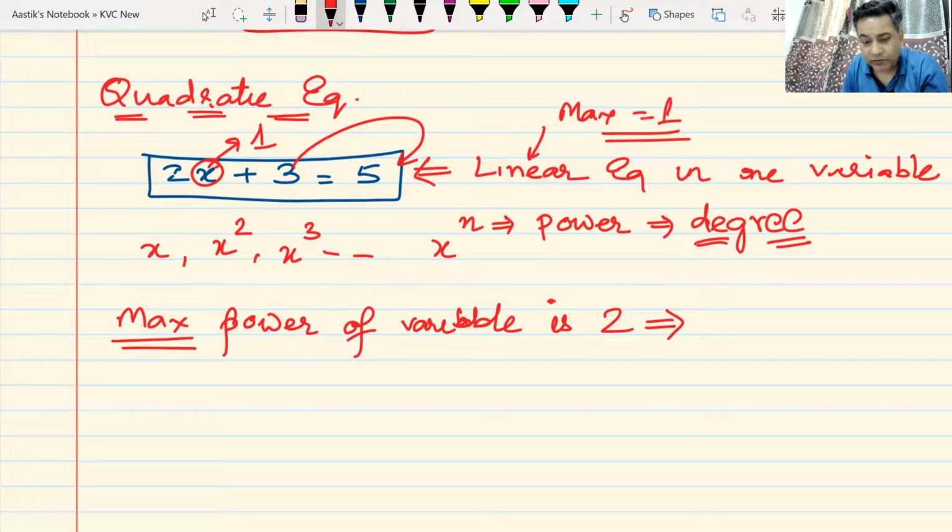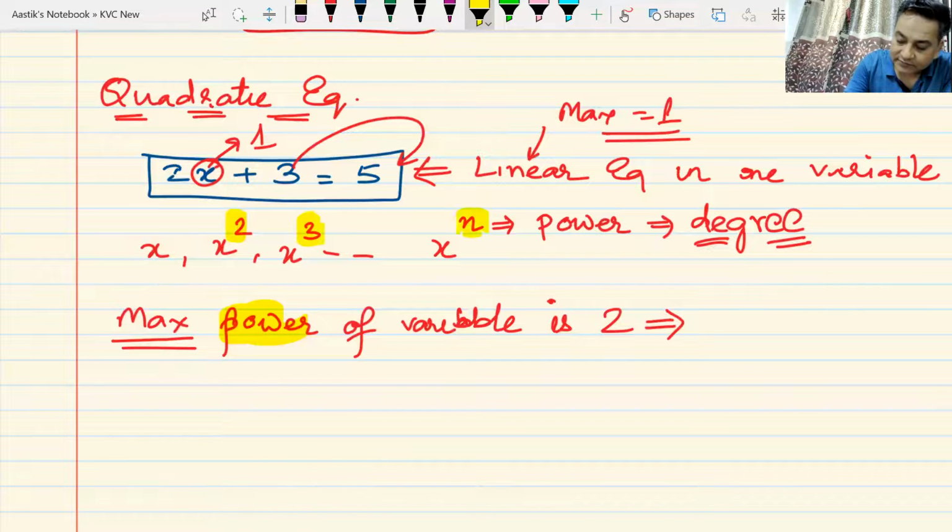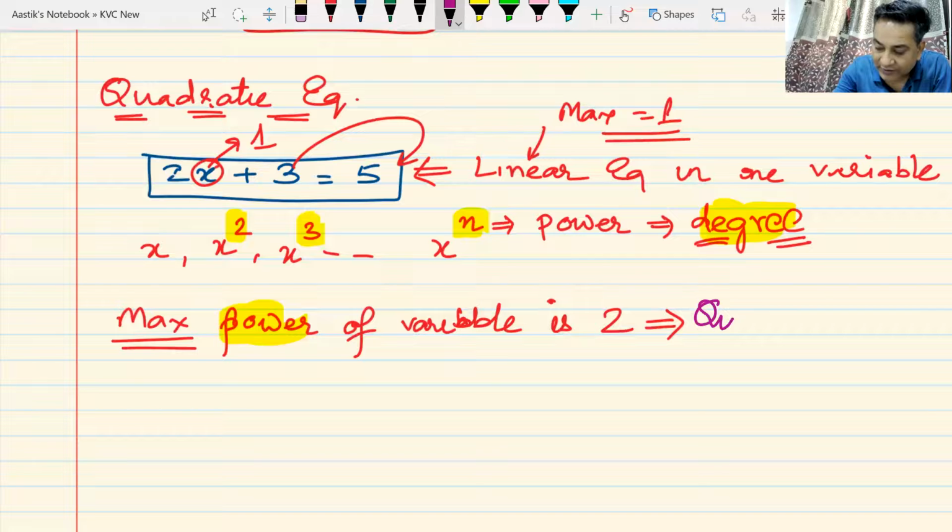If the maximum power or degree of the variable is 2, then the equation is known as a quadratic equation.